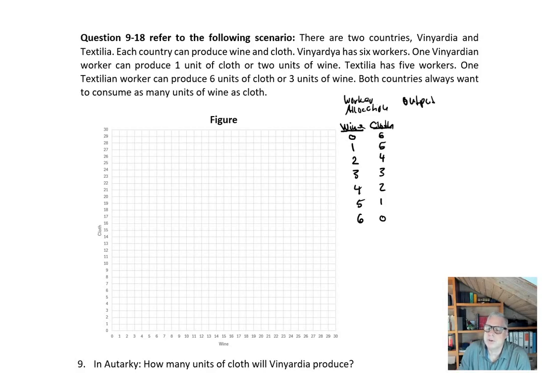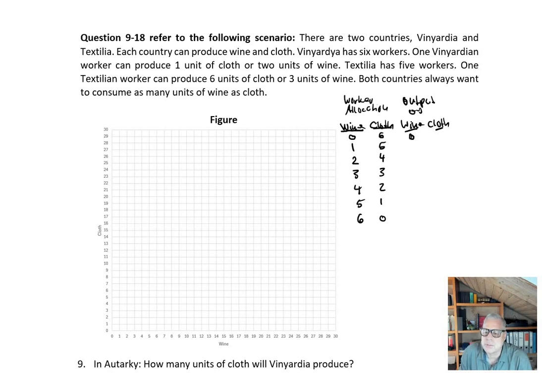So output of wine and cloth. Okay, so one worker can produce 2 units of wine, so I need to multiply the values in the first column by 2.